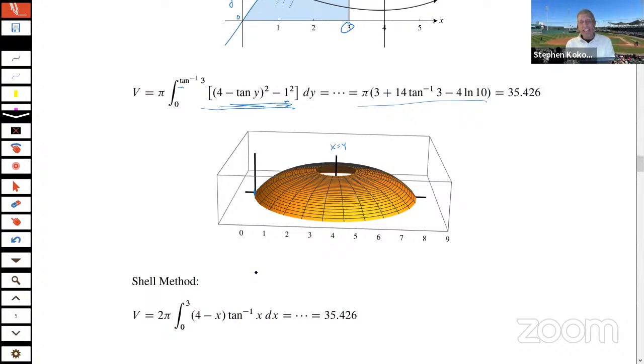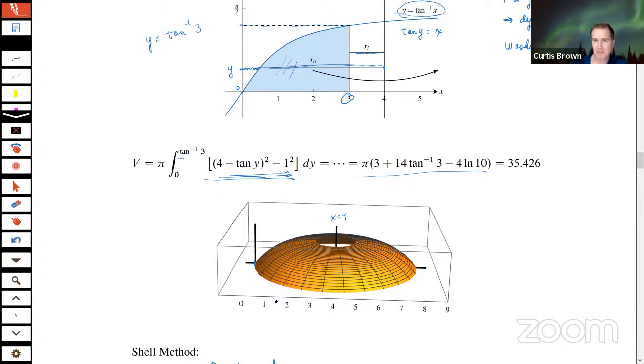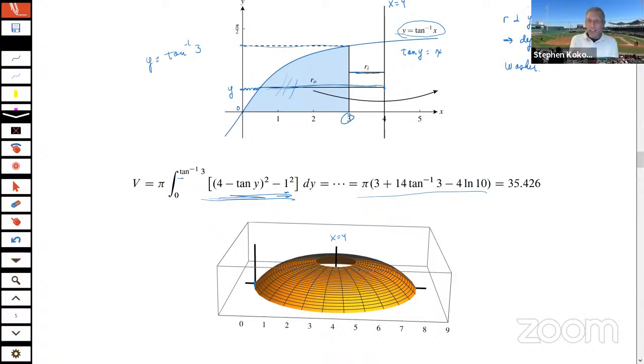So let's see. I think this is the setup with the shell method. I think this is the setup where I think of this as R times H times dx. So R. Hey, Steve. Go ahead. I think you got somebody to take you up on your question. Oh, good. How do you do that?